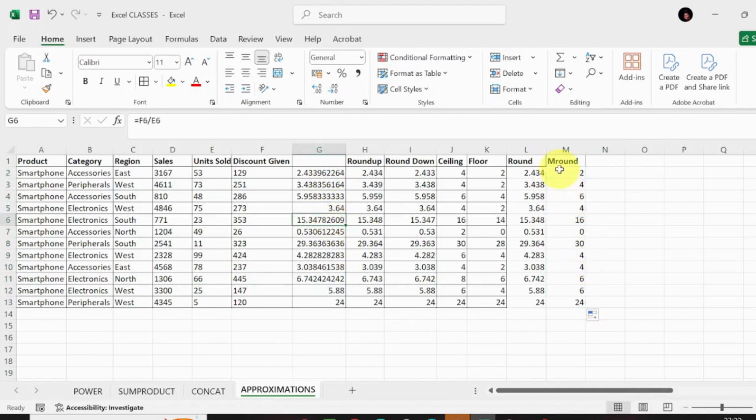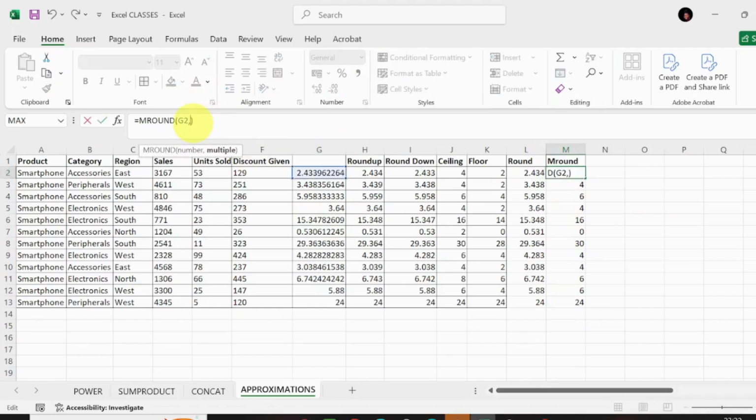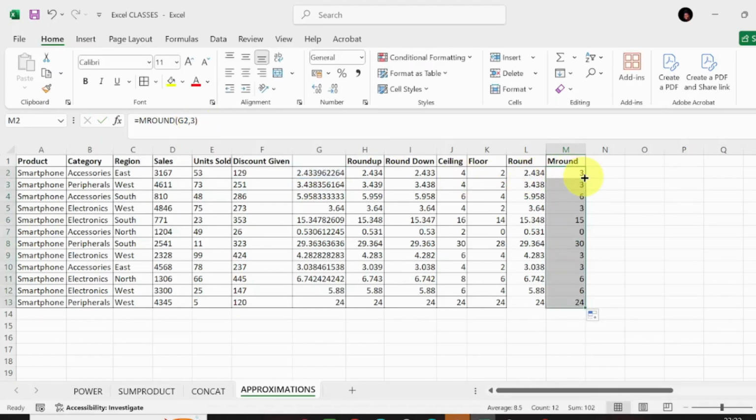and the one for 3.64 is also 4. Now for the multiple of 3, the closest to 2.4 is 3. The closest to 3.4 is 3. The closest to 5.9 is 6. So that's why we are having this value. And if you check 5.95, the closest is still 6. 3.64 is 3.